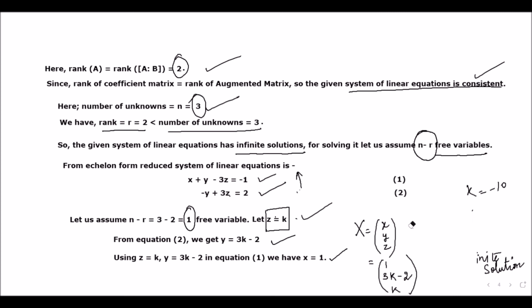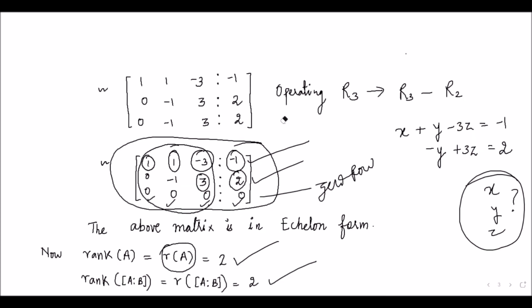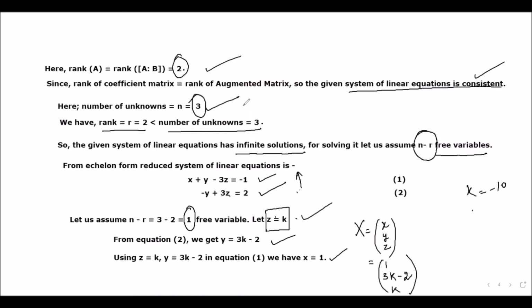In this way, we can solve any system of linear equations. We start with the augmented matrix and reduce it to echelon form, as we have done here. From the echelon form, we conclude about the consistency of the system. Since it was a consistent system, we checked further whether it is a case of unique solution or infinite solution.